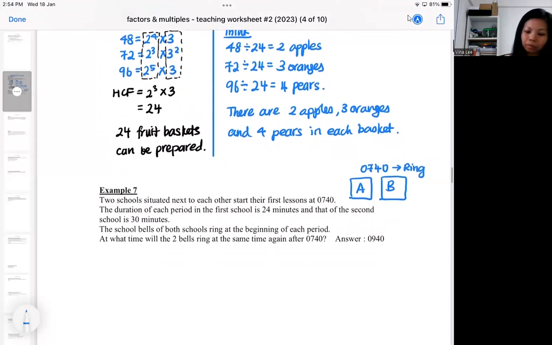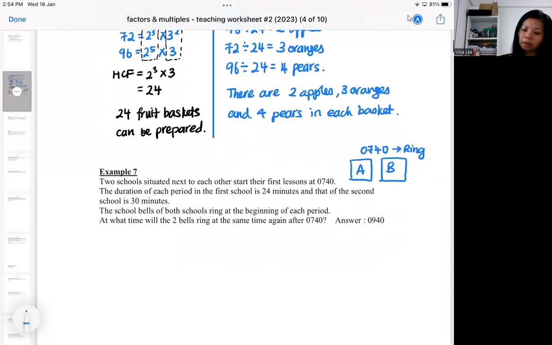So in this question, every 24 minutes, let's talk about the first school first. For the first school, after every 24 minutes, they will ring a bell. So 24 minutes, they will ring a bell. 48, it will ring a bell. 72.